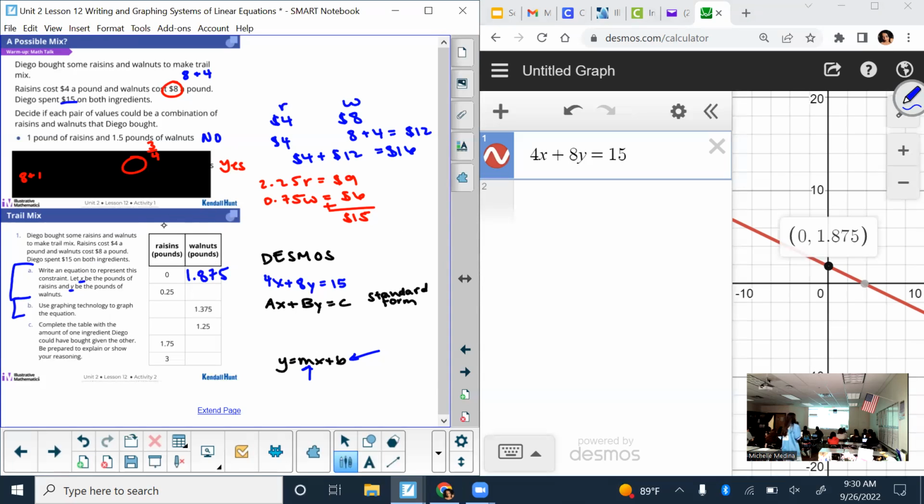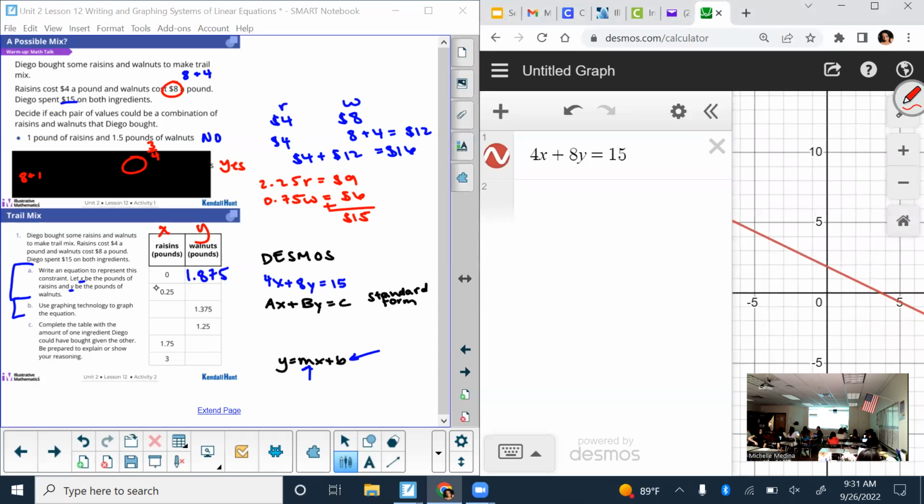Remember that your tables are usually sets of coordinates. So we said raisins are the x and walnuts are the y. You can use your graphing technology either by zooming in, or I think in Desmos it's easier to just hold and drag.